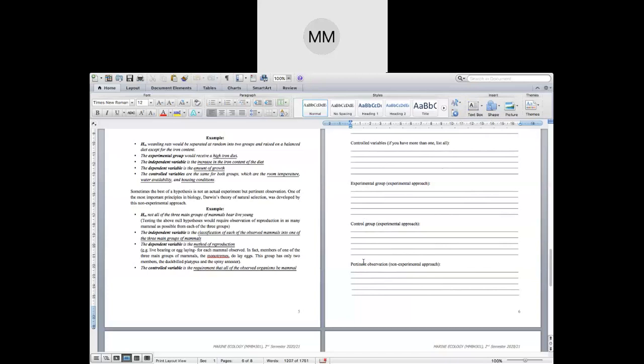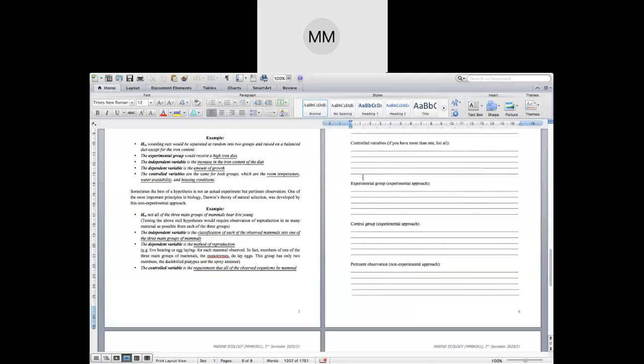So more often than not with pertinent observations, because it's done on a very big scale and in the field. So example, looking at the migratory route for whales and whatnot. So it's hard to do a control group and it's hard to do an experimental group because an experimental group is such that you can control in your means rather than in the wild. So in other words, pertinent observation is in the wild.